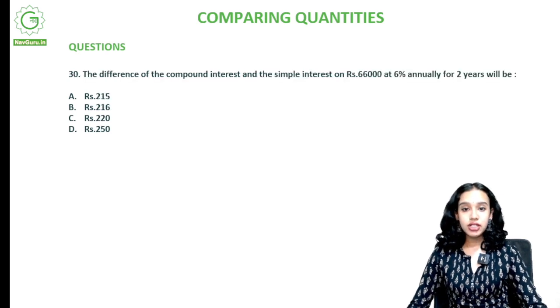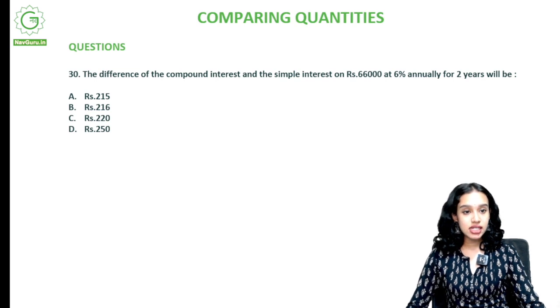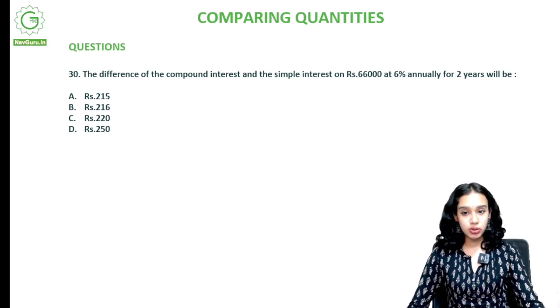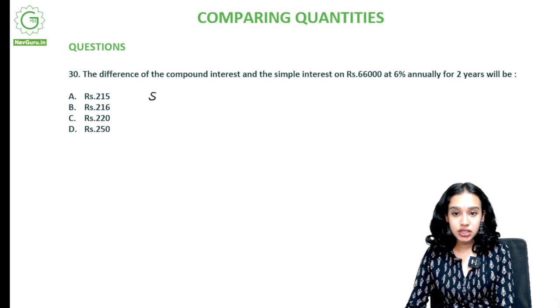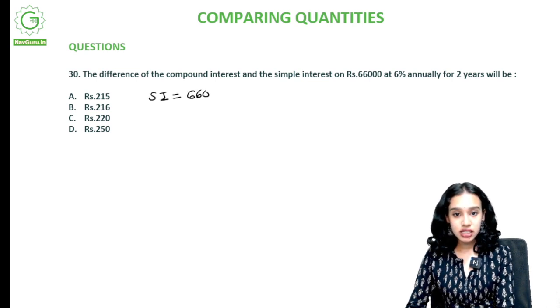Now, the difference of the compound interest and simple interest on rupees 66,000 at 6% annually for 2 years would be. So first let's find the simple interest. Simple interest is equal to principal, which is 66,000, into rate, rate is 6 by 100, into time. Time is 2 years. So this becomes, let's cancel these zeros out, 660 into 6 into 2.